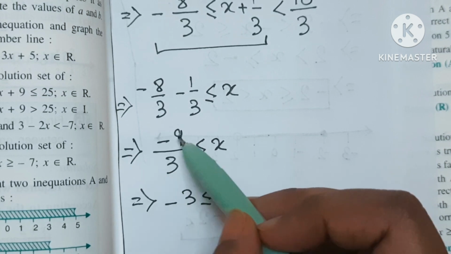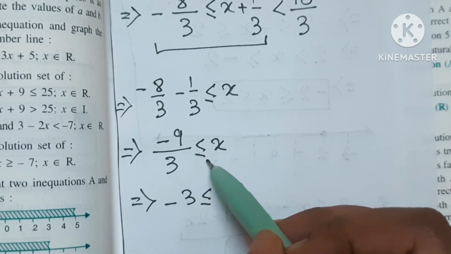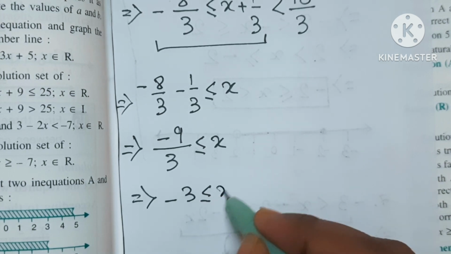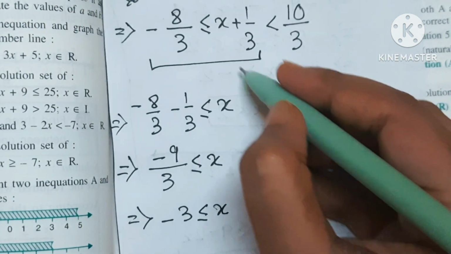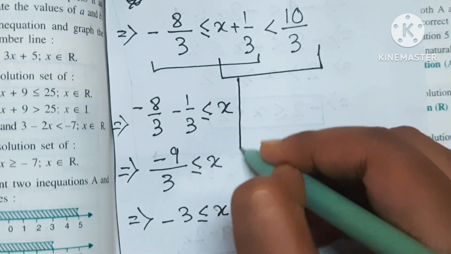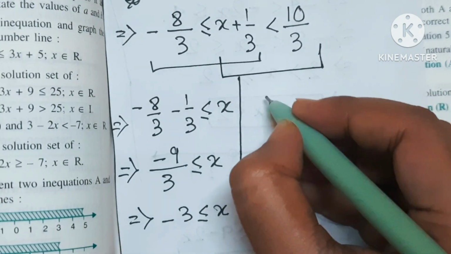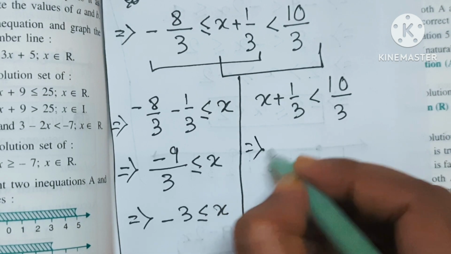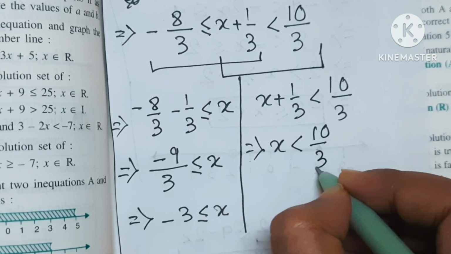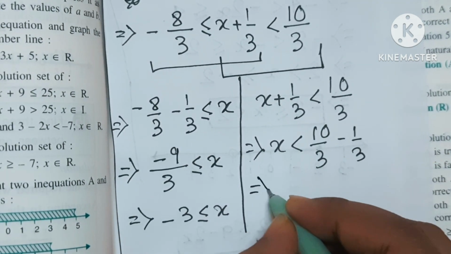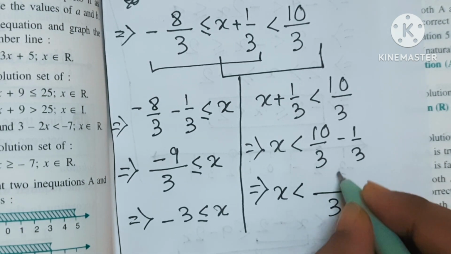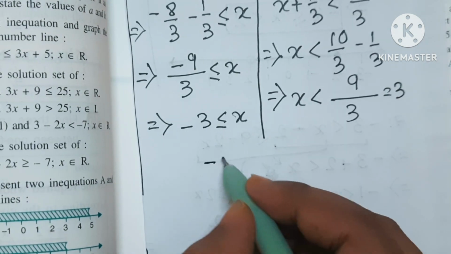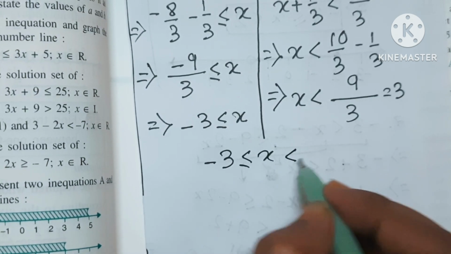So if you compute, minus 9 by 3 is less than or equal to x. Now that means minus 3 is less than or equal to x. And if you compute this part, x plus 1 by 3 is less than 10 by 3. So x is less than 10 by 3 minus 1 by 3. So x is less than 9 by 3, that will be 3. So the range is minus 3 less than or equal to x less than 3.